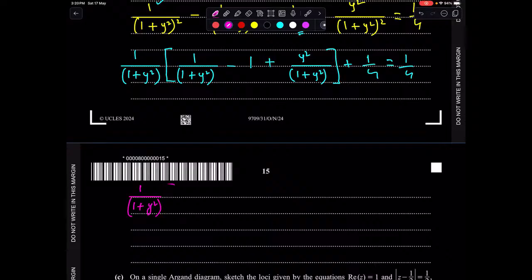A lot of algebra is involved, so do it very carefully. 1 plus y square is the LCM. So 1 is here. When you take the LCM here, you will get 1 plus y square in the numerator, and this minus will convert both into negative numbers, and this is copied y square.